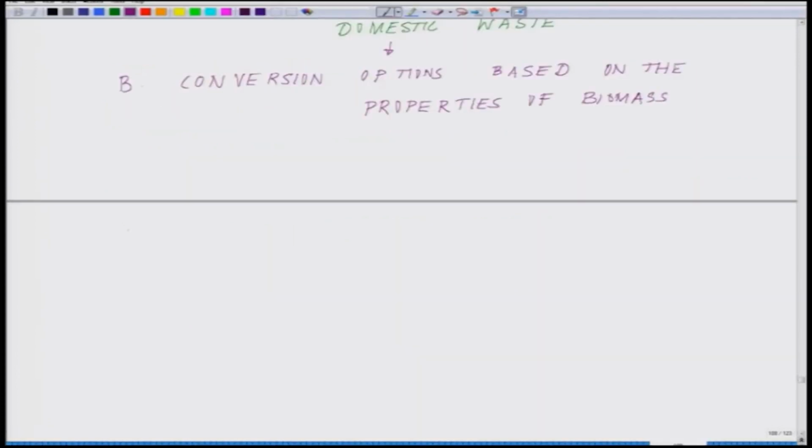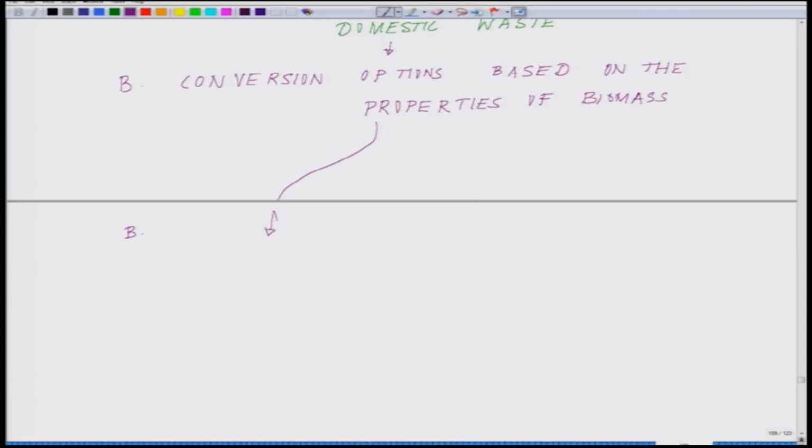So, before we get into the options, let me just, okay. So, I will continue with the point B, okay, which is out here. Okay. So, the key decisions before deciding the conversion efficiency. Okay.